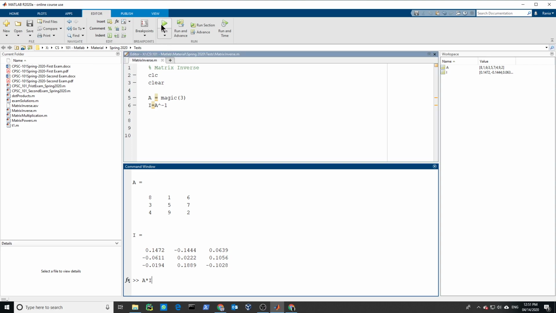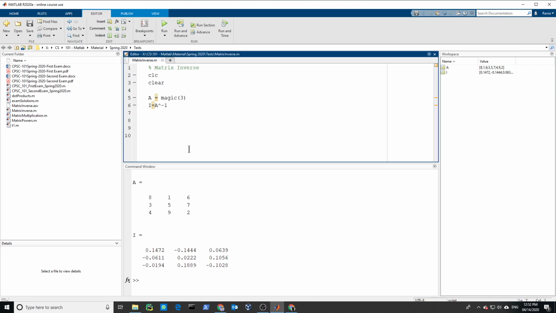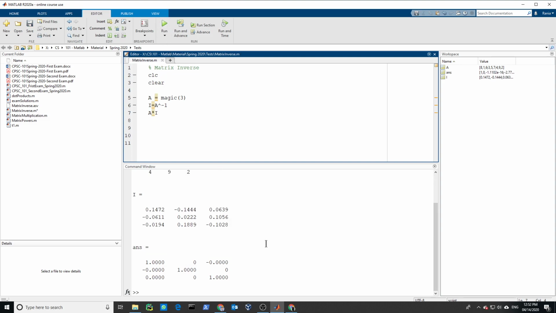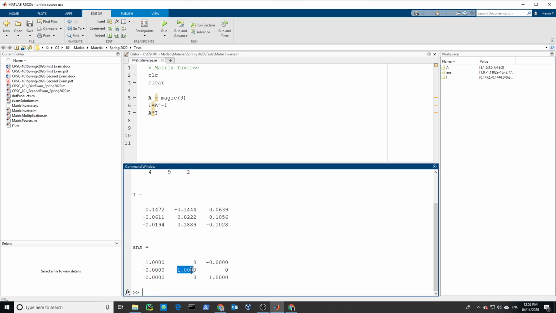It will give me the identity matrix, where you have 1 in the diagonal.